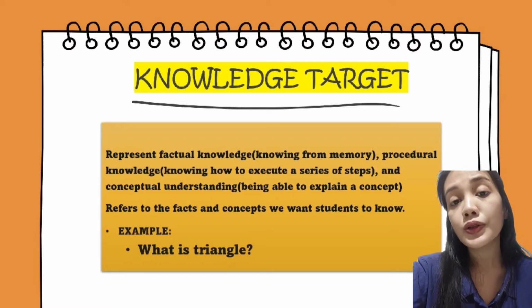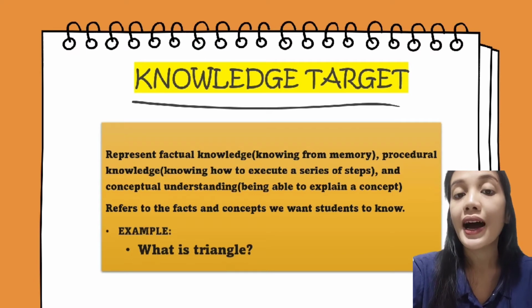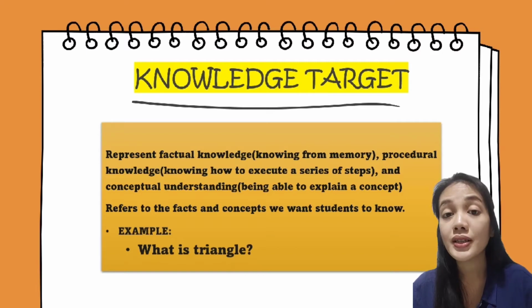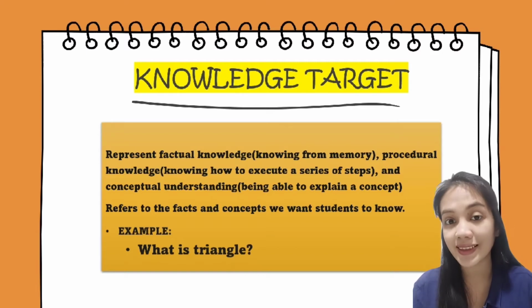It also refers to the facts and concepts meant for students to know, including mastery of facts and information, typically through recall. Example, what is a triangle? It's a concept that you are able to explain.